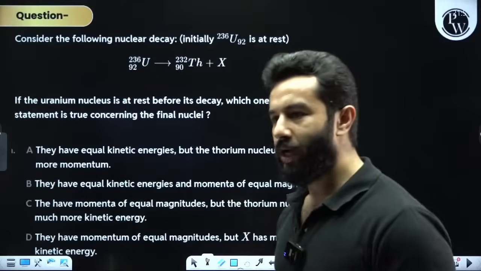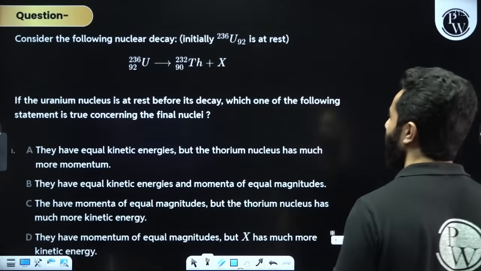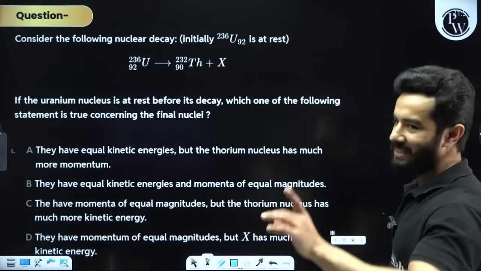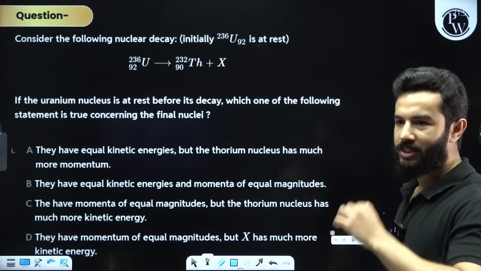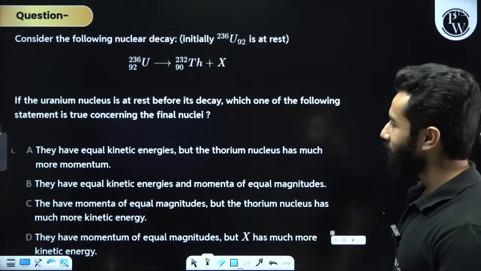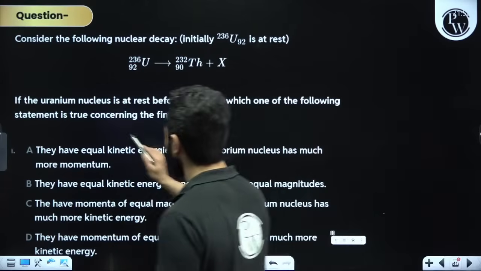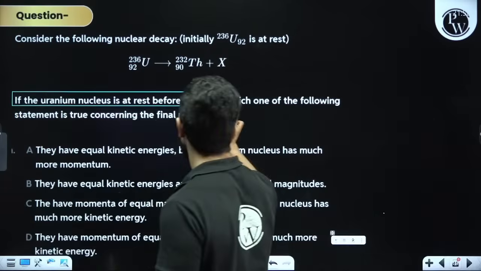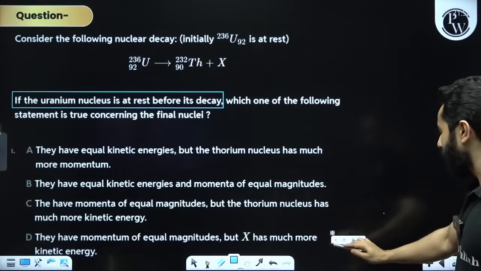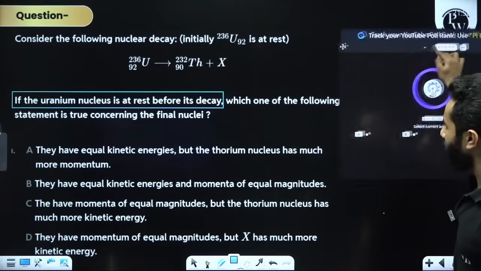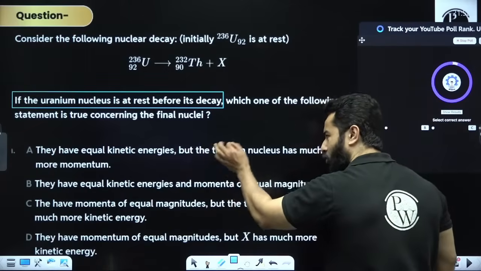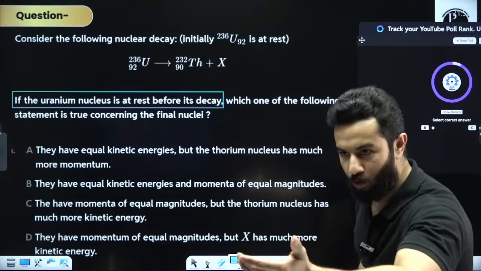Consider the following nuclear decay. Uranium-236 is at rest. Chalo, let's start. The uranium nucleus is at rest before its decay. Which of the following statements is true concerning the final nuclei? First, they have equal kinetic energies, but the thorium nucleus has much more momentum.